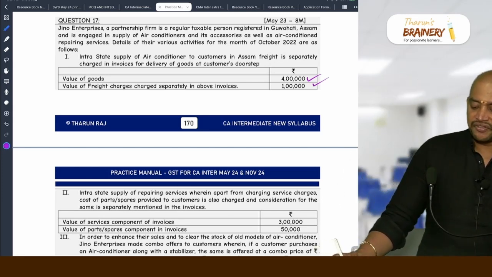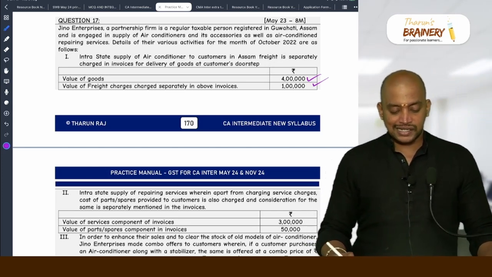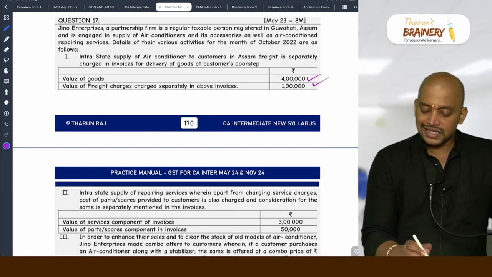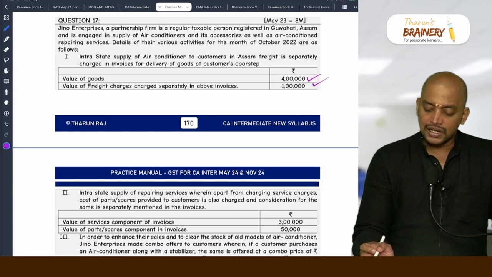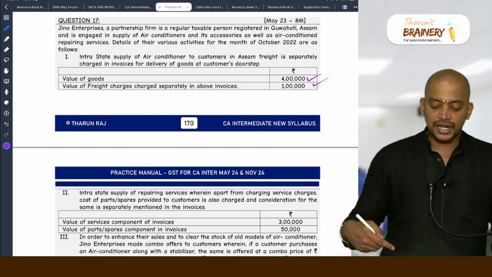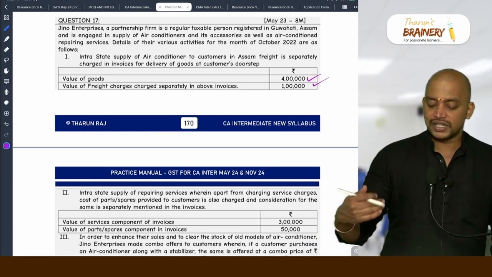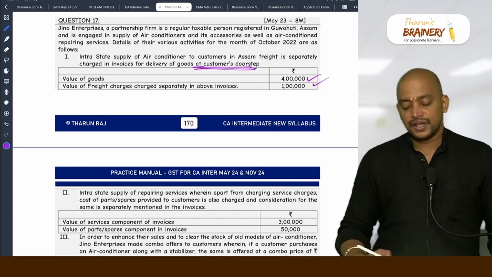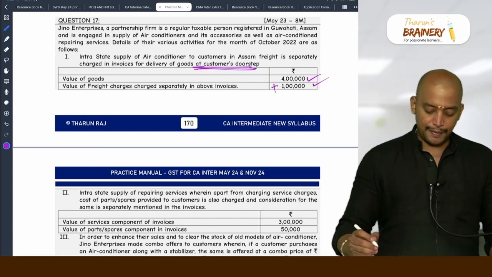Now, whether the freight is to be included in the value? Yes. Where is it given? They are engaged in supply of air conditioners to their customers, and they incur the freight also because they are delivering the goods at the customer's doorstep. So, therefore, it should be added.